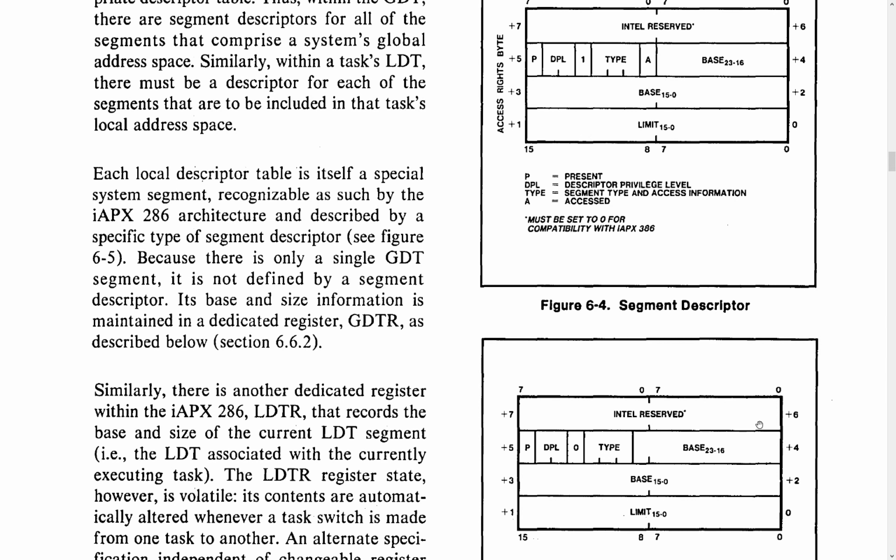But the other rule is that code that is executed also has some privilege level, and it can only use selectors that have no more privilege than the code that is executed. This allows us to set up some system segments to have higher privilege and executed programs to have lower privilege and prevent the programs from using these system segments.